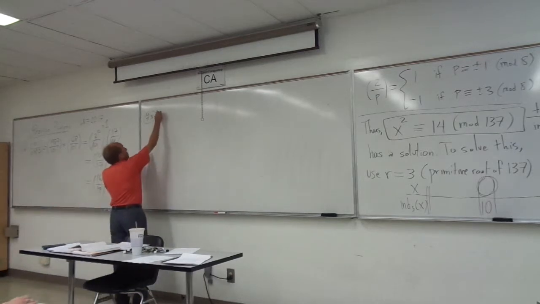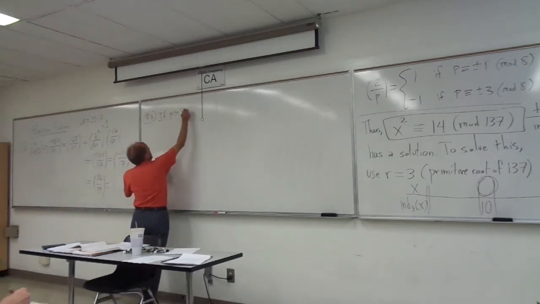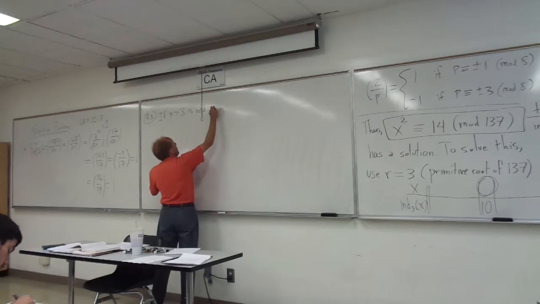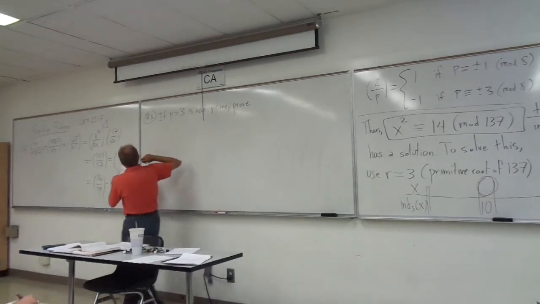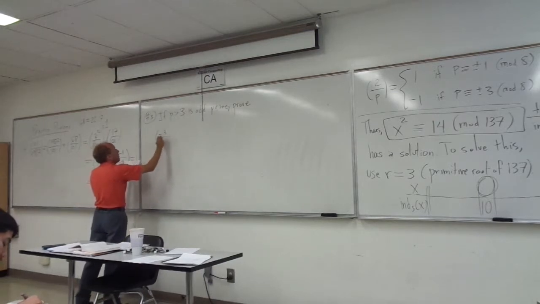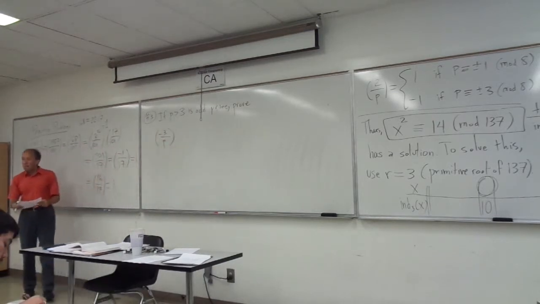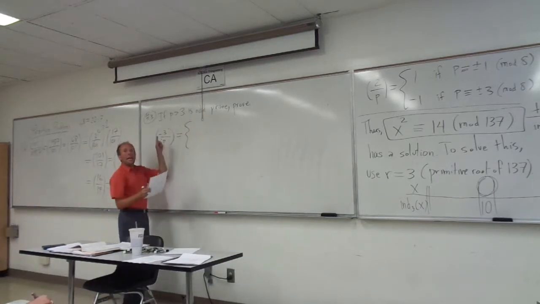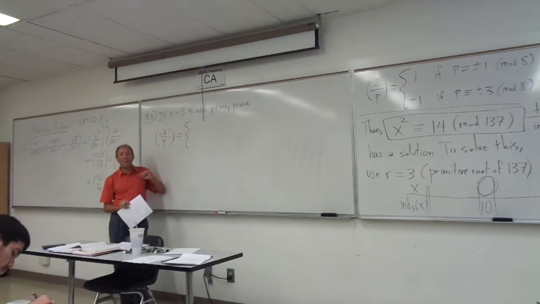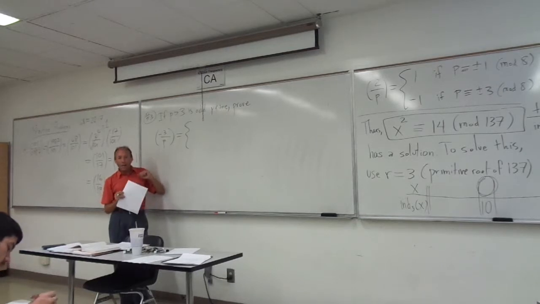So here we go. If p greater than 3 is an odd prime, prove that the Legendre symbol of -3 in mod p, this is kind of interesting. So when is -3 a perfect square? For which primes is it a perfect square?